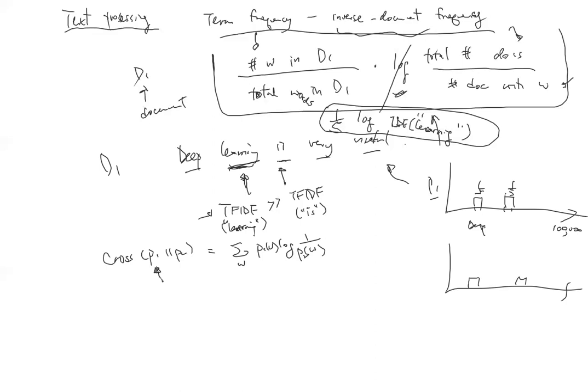So we define that as Q, the distribution of words in the average document.